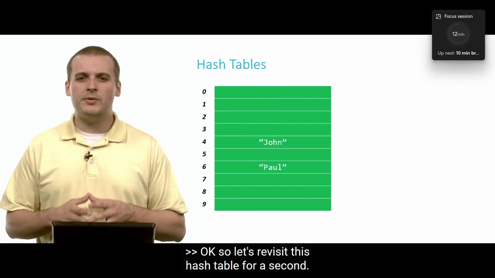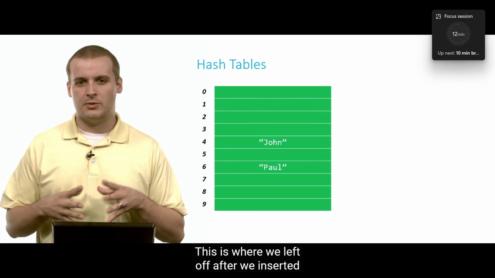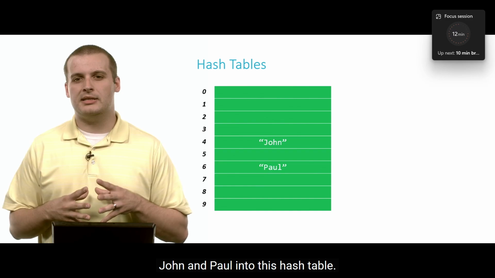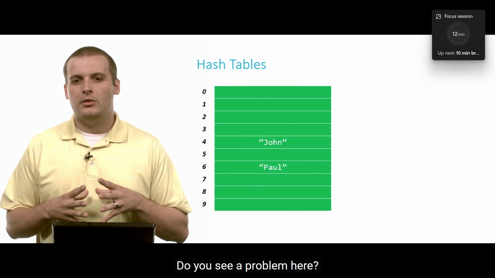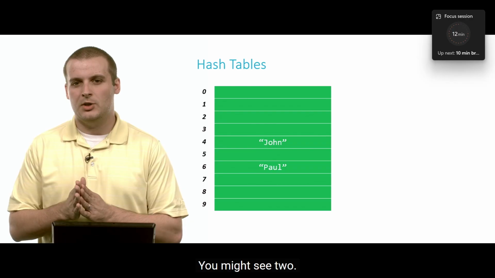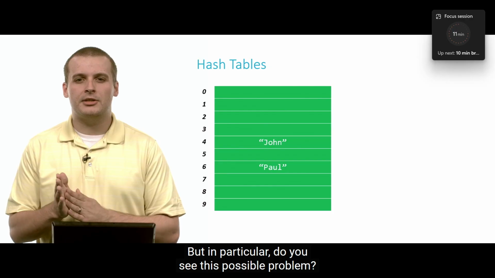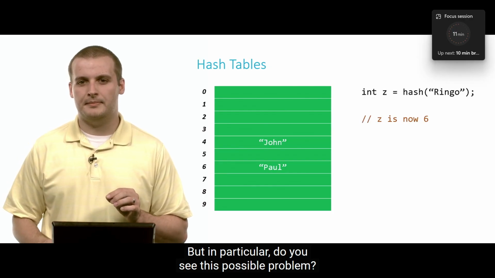OK, so let's revisit this hash table for a second. This is where we left off after we inserted John and Paul into this hash table. Do you see a problem here? You might see two. But in particular, do you see this possible problem?